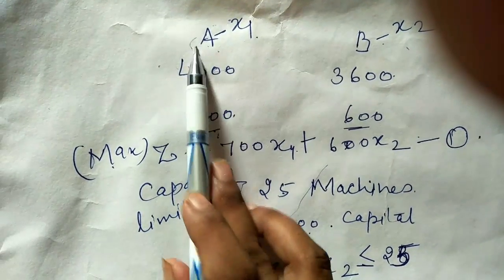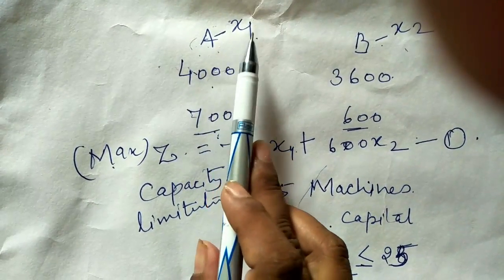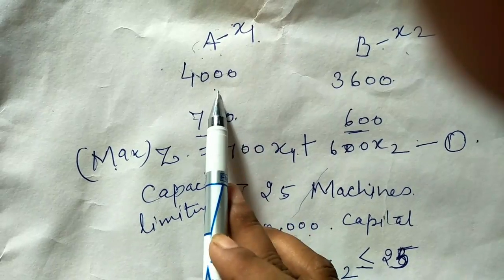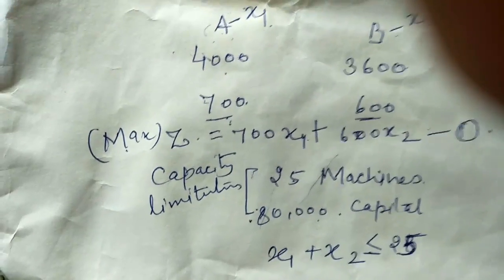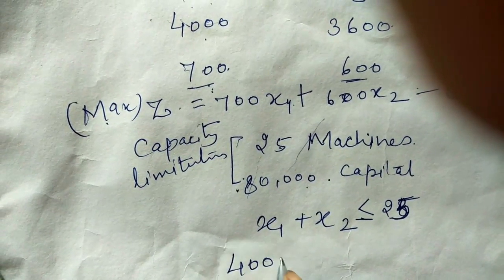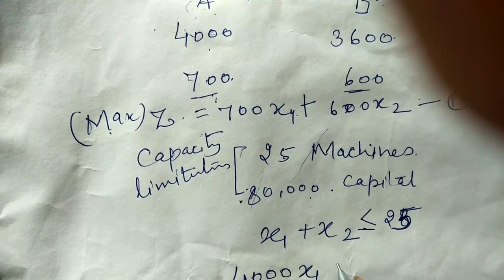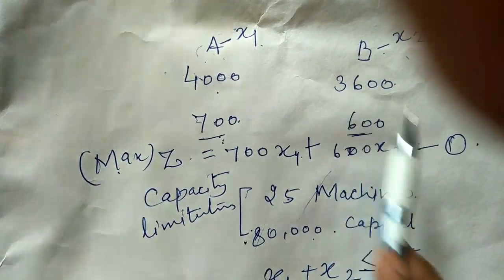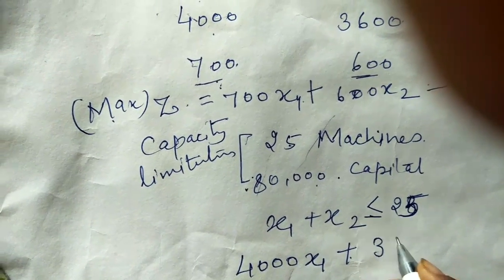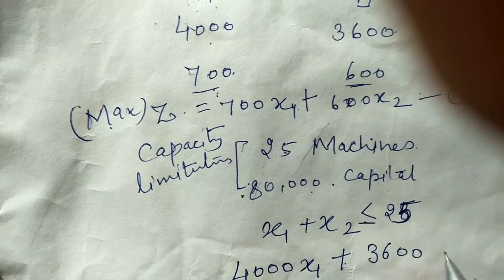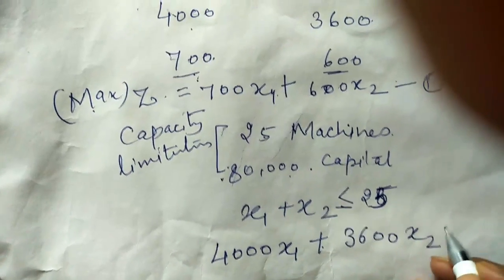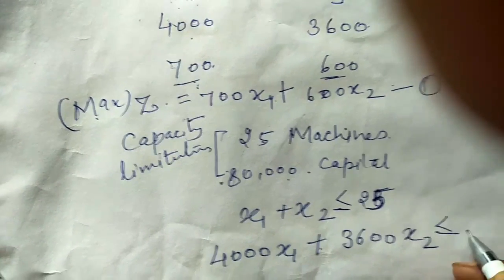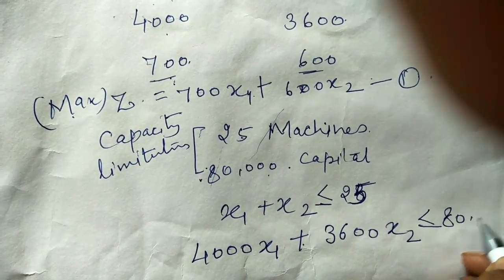The cost per unit of A is 4,000, so the cost of x1 units of A will be 4,000 x1, plus the cost of x2 units of B will be 3,600 x2, and this must be less than or equal to 80,000.